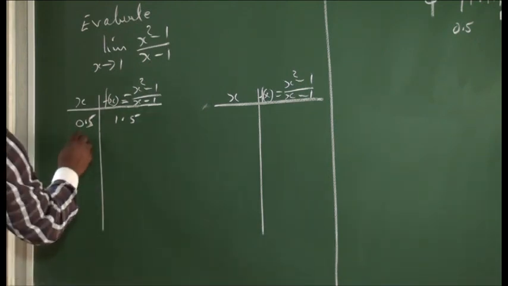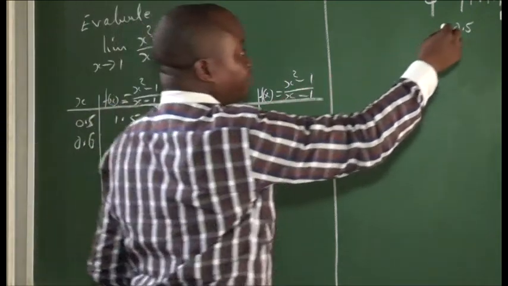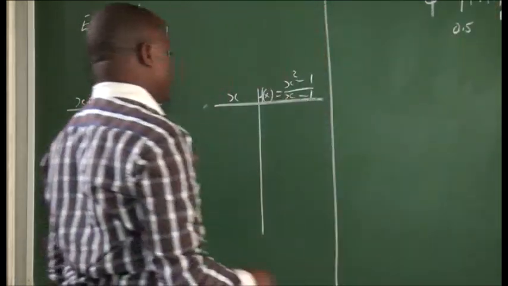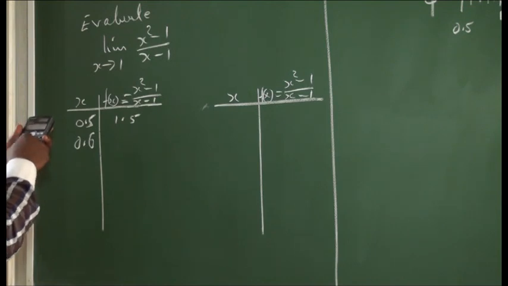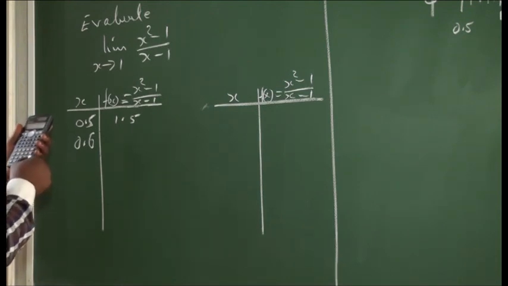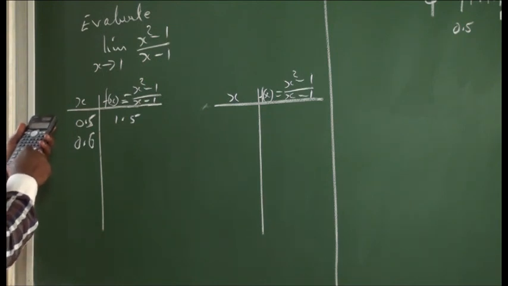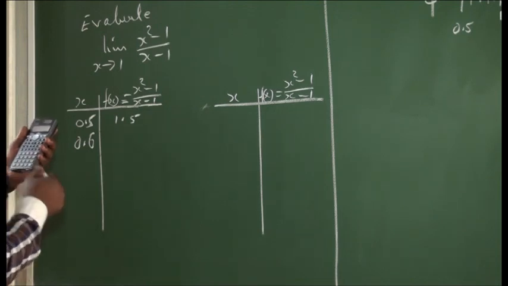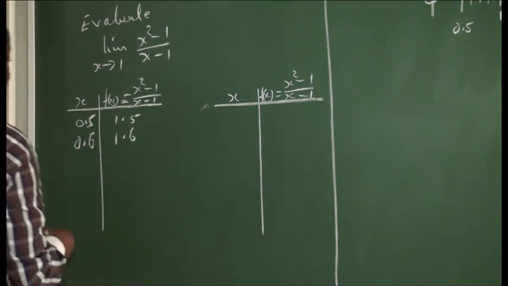Now, when x is 0.6, that is when x moves from here to here, we have 0.6 squared minus 1 divided by minus 0.4. So it will give us 1.6.